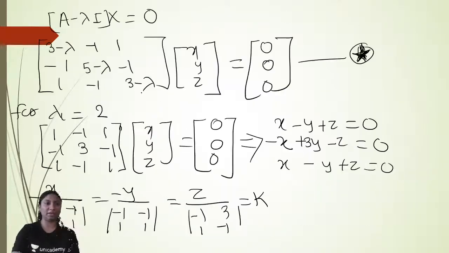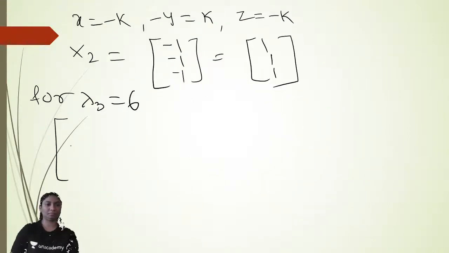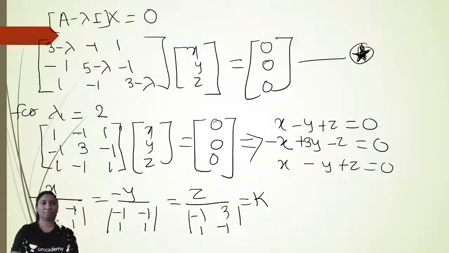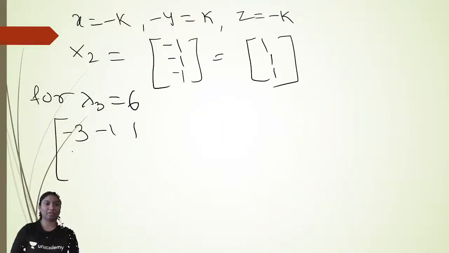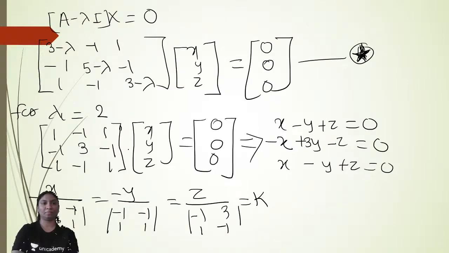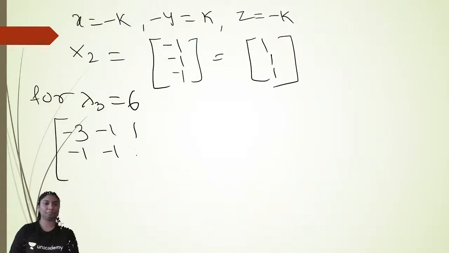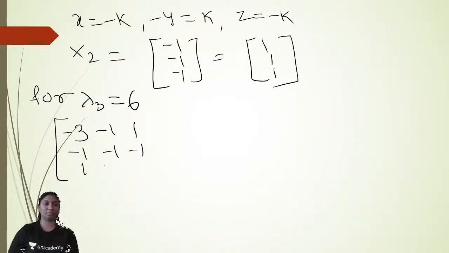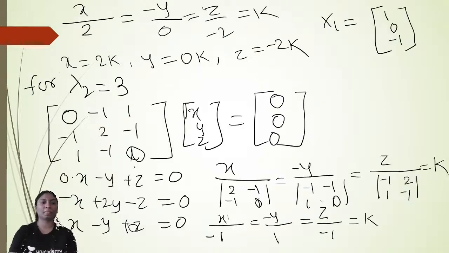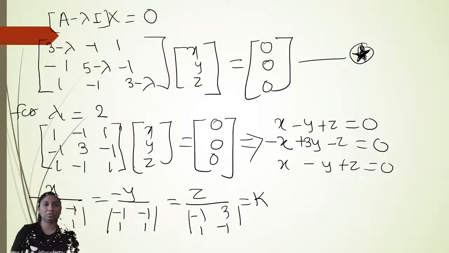So your vector becomes 3 minus 6 is minus 3, minus 3 minus 1 1, minus 3 minus 1 1 minus 1, 5 minus 6 minus 1, minus 1, 1 minus 1, 3 minus 6 minus 3. Here 1 minus 1 minus 3.